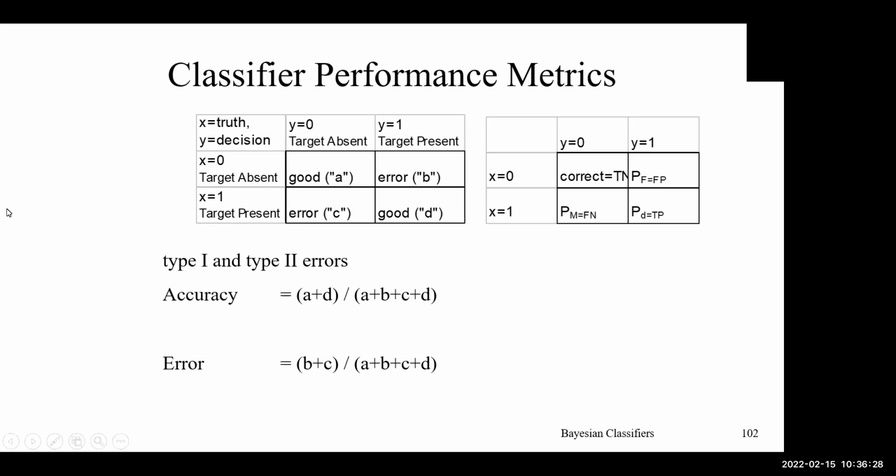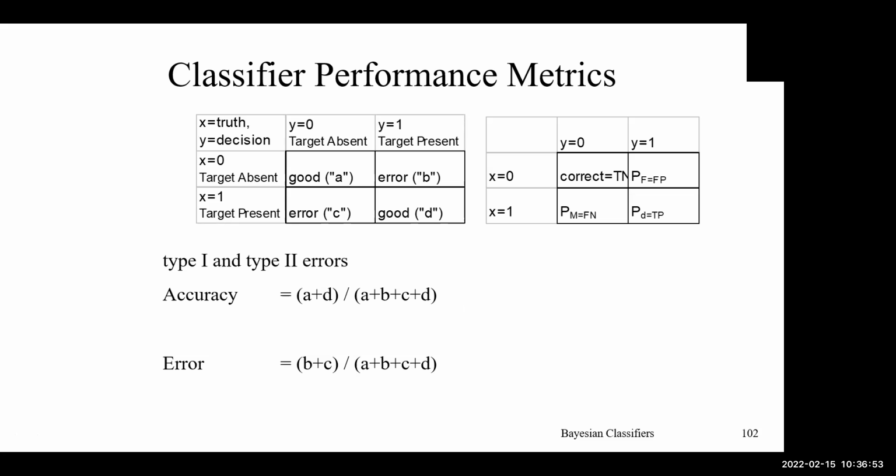So the first thing is accuracy. This is the same thing you did in project 1. Accuracy is the number of goods divided by the total number. In this little 2x2, A and D divided by A, B, C, D. The same thing you did before.